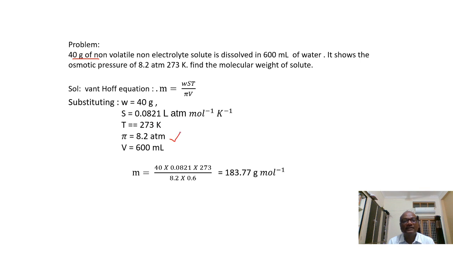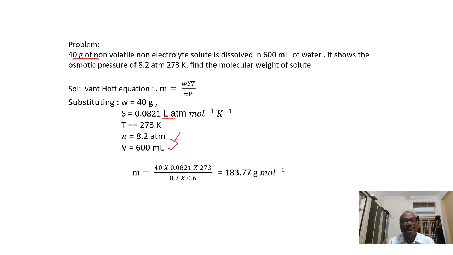Based on the volume units and pi units, we have to select the S value. T is 273 Kelvin and V is 600 ml, which we convert into liters because the S value is taken in liters. All of these terms should have the same type of units. So V is equal to 600 ml, which means 0.6 liters.